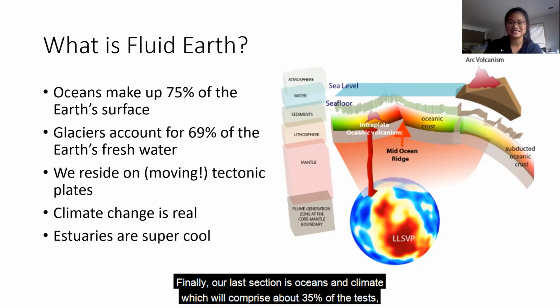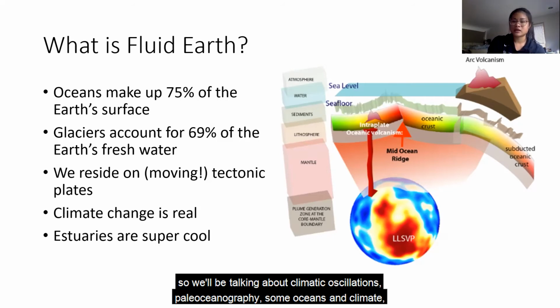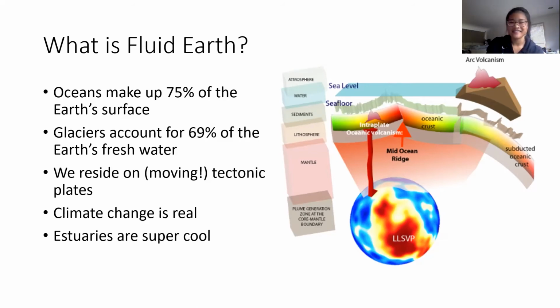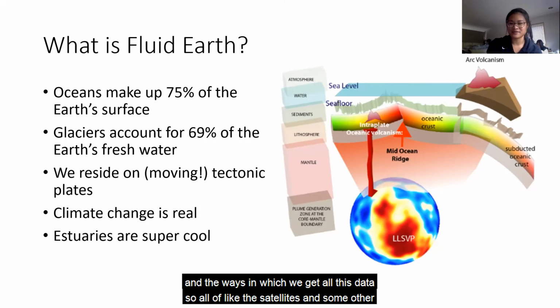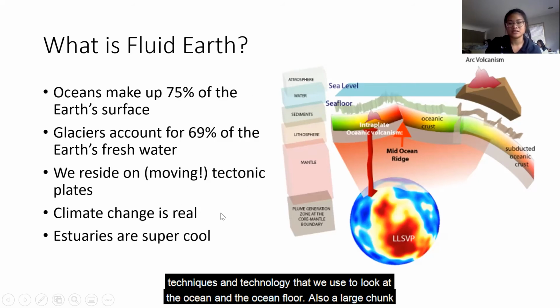And then finally, our last section is oceans and climate, which will comprise about 35% of the test. So we'll be talking about climatic oscillations, paleoceanography, some oceans and climate, and the ways in which we get all this data. So all of the satellites and some other techniques and technology that we use to look at the ocean and the ocean floor.